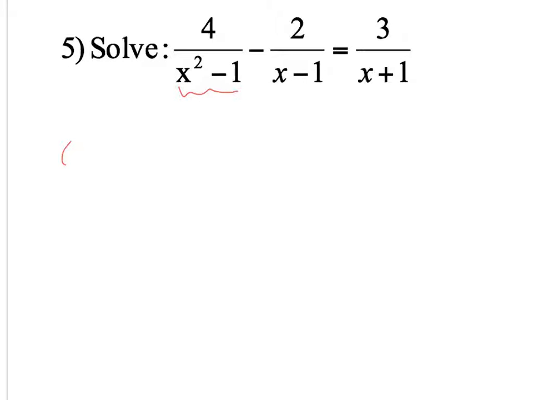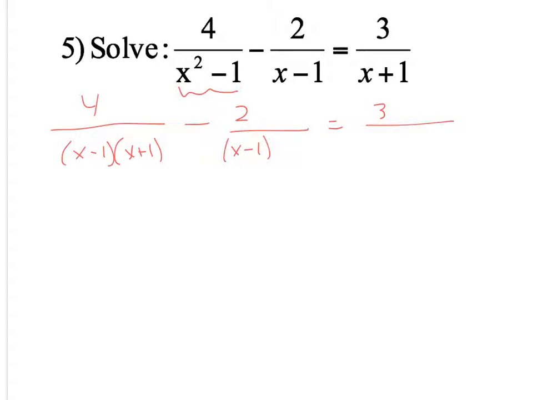And of course, if we factor the first one, we see that for the other two, x minus 1 here, we got a 4 up top, and for the other term over x plus 1, I don't have to actually multiply each term by the other, but I can get away with something a bit more compact.